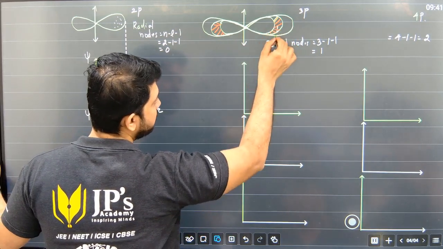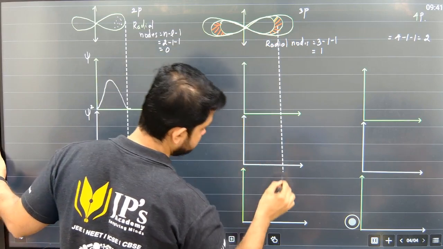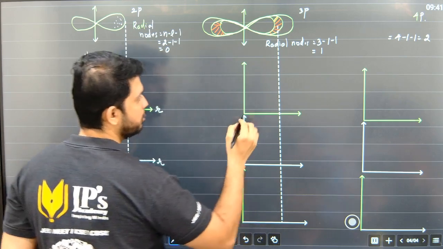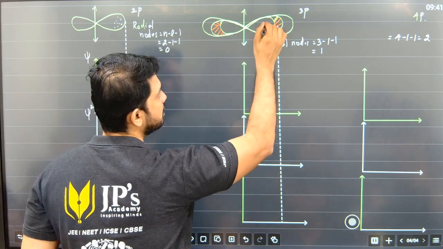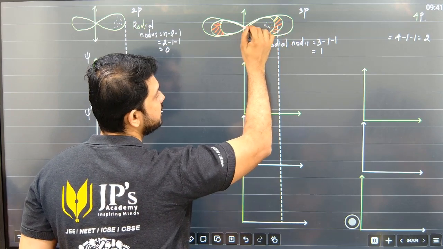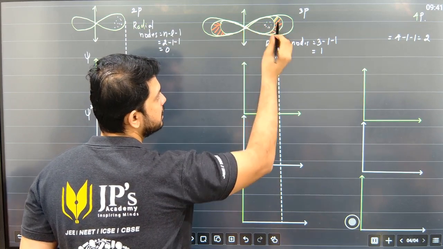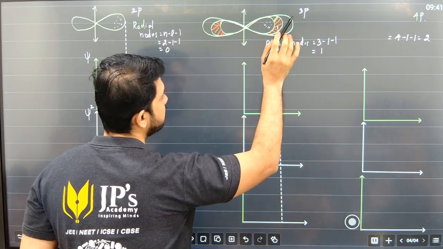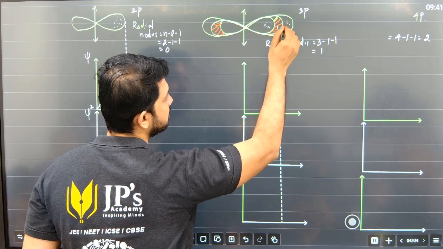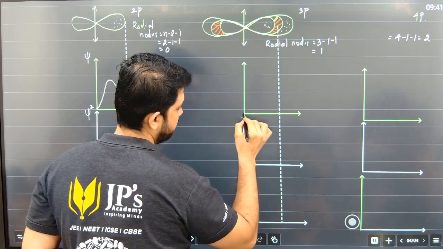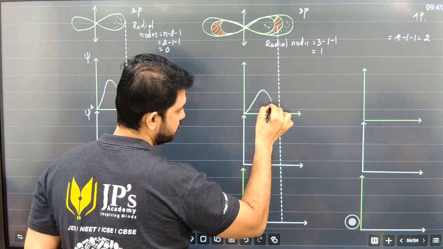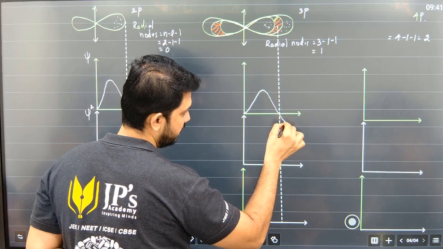Here there is one node. How will the plot look? The probability to find the electron first increases as you move away from the nucleus. Then what happens in the nodal region? No electrons. Then again the probability to find the electron increases. Then you reach a node, and then it again.